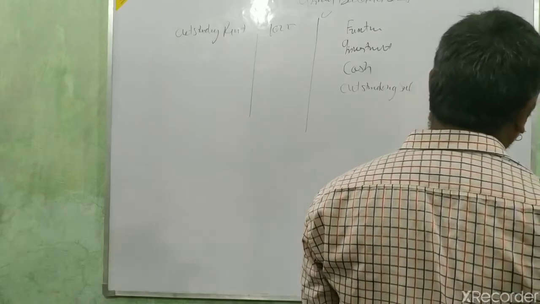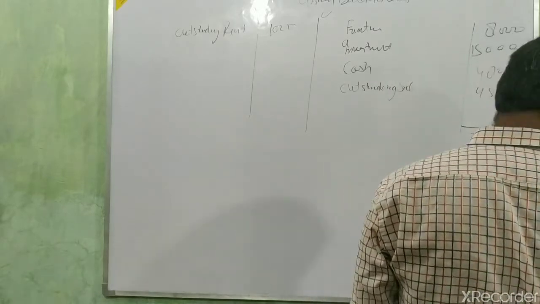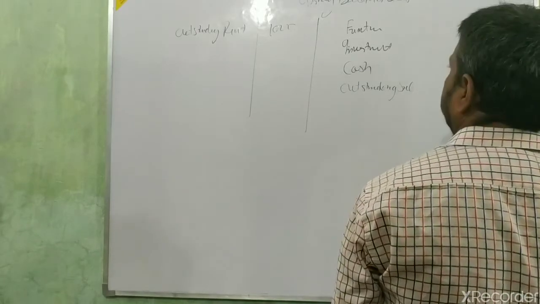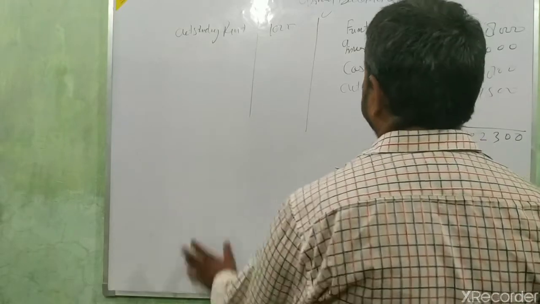That capital fund amount is 30,900. It means some adjustment is more.